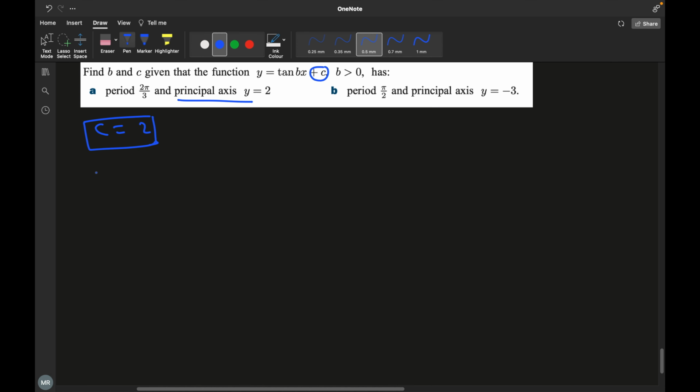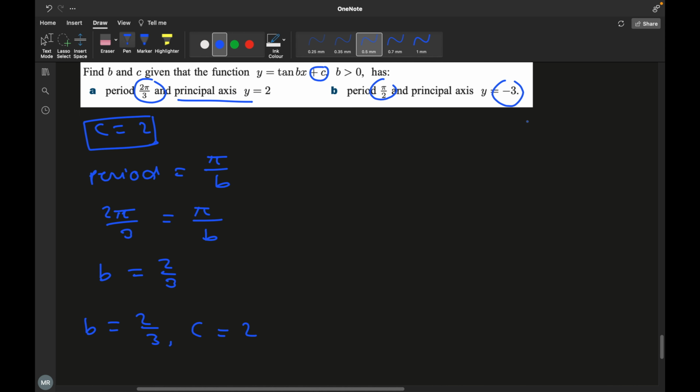Pretty simple. And now we know that the period is pi by b. And they've given us the period, which is 2 pi by 3. Therefore, it's going to be pi by b, and b would be 3 by 2. So we got our values of b and c. b is 3 by 2 and c is 2.